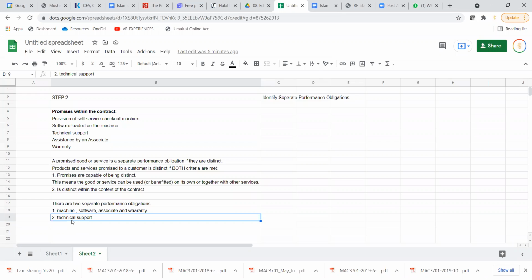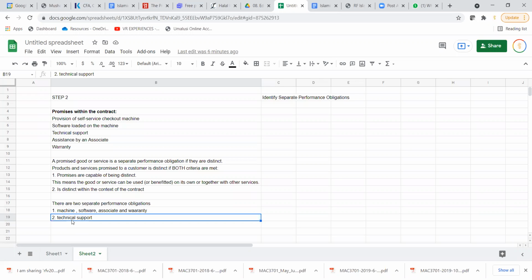What makes it distinct within the context of the contract? If you read it carefully, it said that they will put the technical support there for 3 months, and you then can decide whether you want to keep the technical support on, or whether you're going to use your own employees for the technical support.